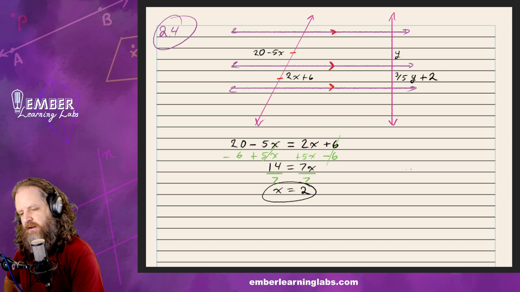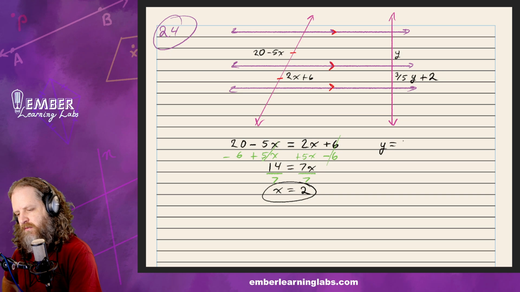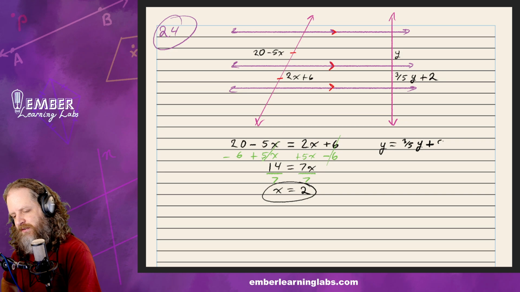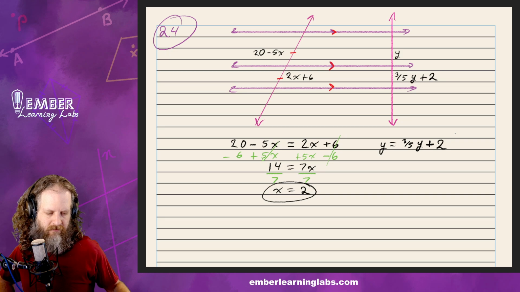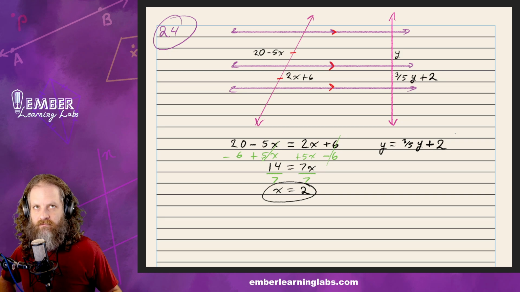We can. They are also equal. y equals 3/5 y plus 2. How do we know that? Somebody tell me. That's right.